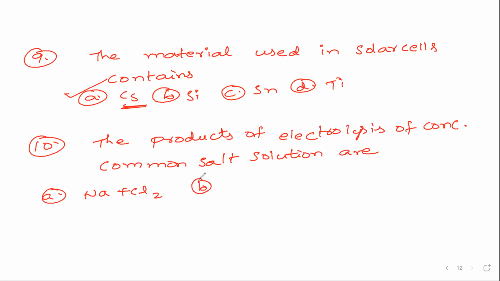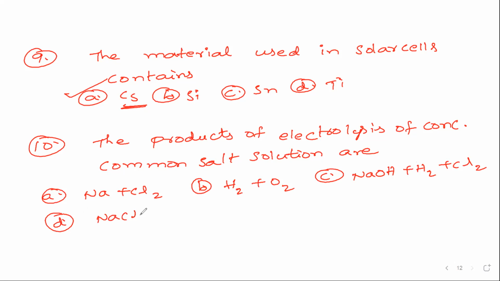Option B, H2 plus O2. Option C, sodium hydroxide plus H2 plus Cl2. Option D, we have sodium hydroxide plus H2 plus O2. These are the 4 options we have.